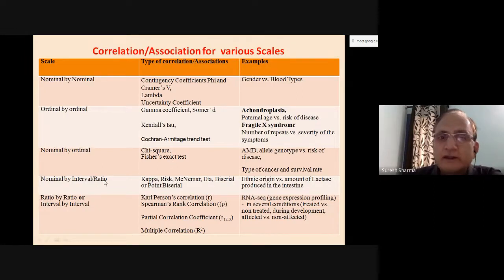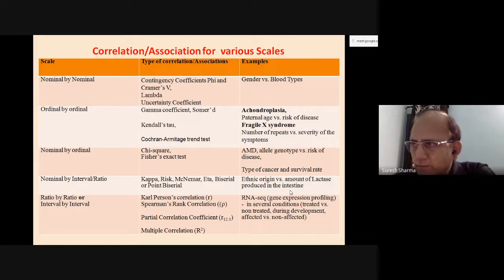Then nominal by interval and ratio. Like ethnic origin is nominal. The person is Asian, African, American. That is ethnic origin. Versus the amount of lactase produced in the intestine. That is some measurable quantity, interval scale. Right?